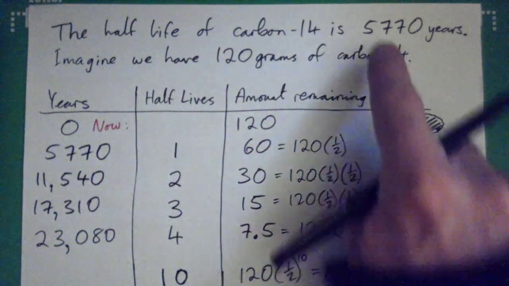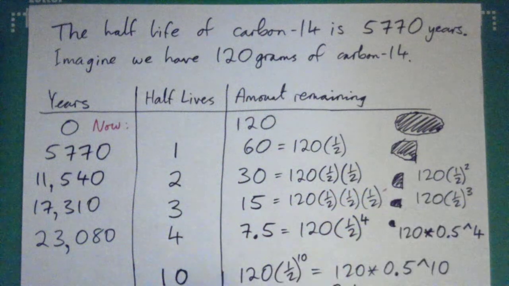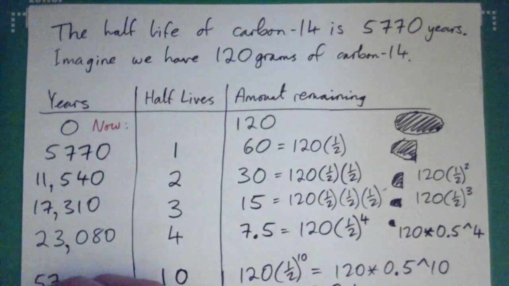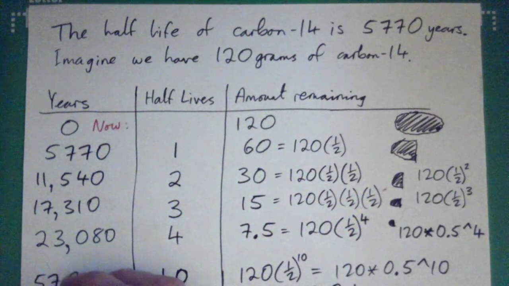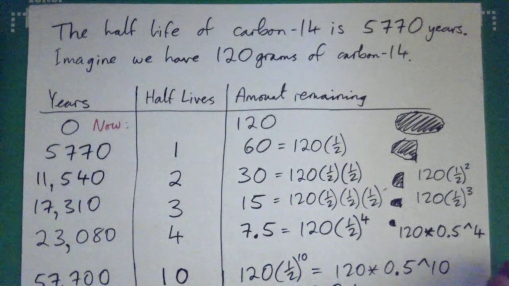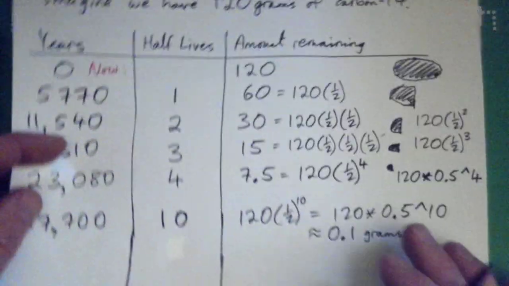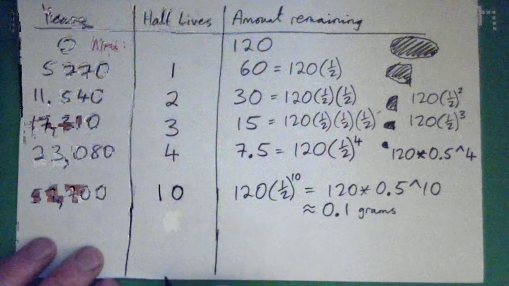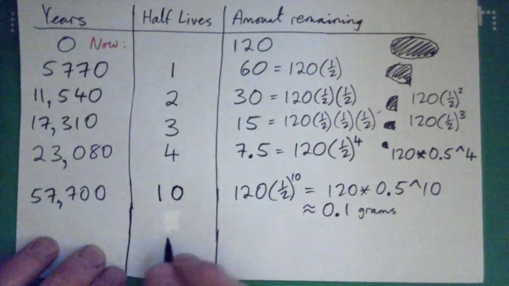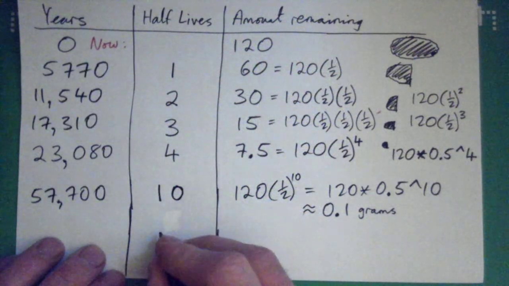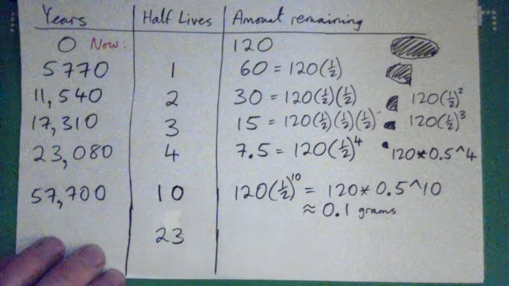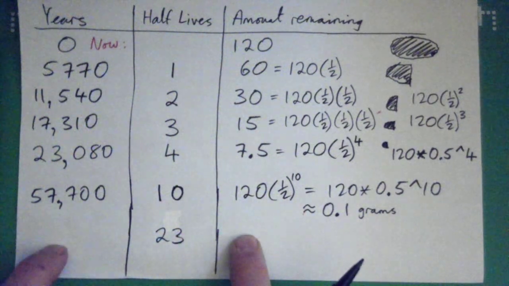Good job, yeah. It's 5,770 times 10, so 57,700 years. Perfect. So just for fun, after, let's say, 23 half-lives, figure out the grams remaining and how many years that has been.